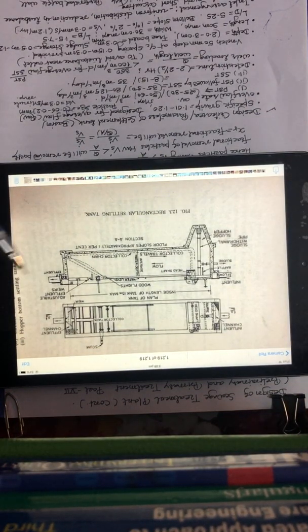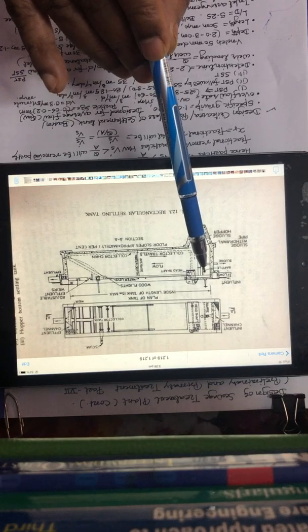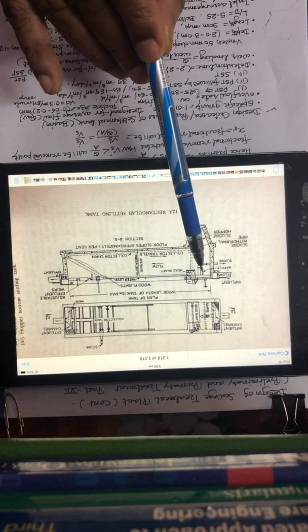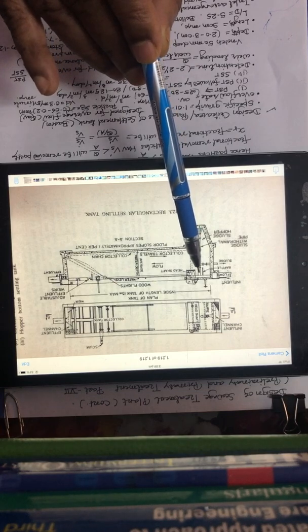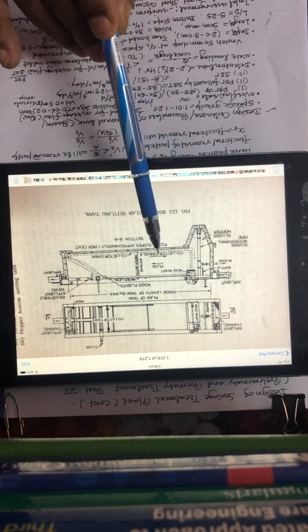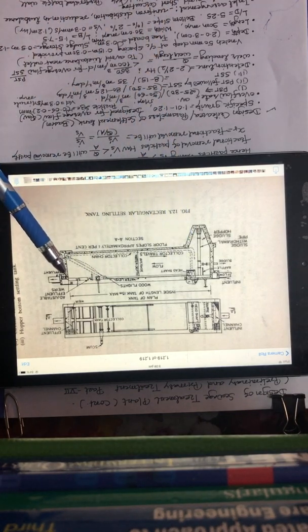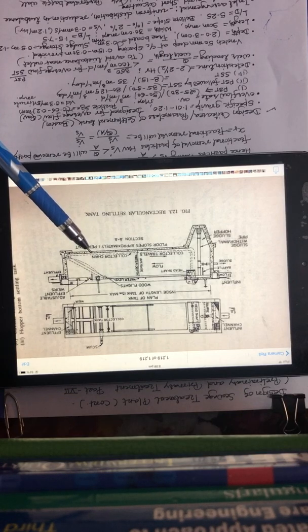Okay, so when the sewage enters here, it contains sediments or suspended particles. These suspended particles settle down at the bottom, and when the sewage flows from here to here, the targeted suspended particles are removed. They come down to the bottom.